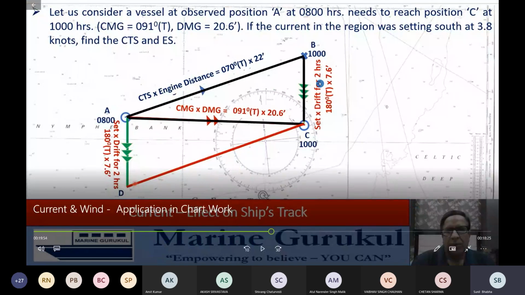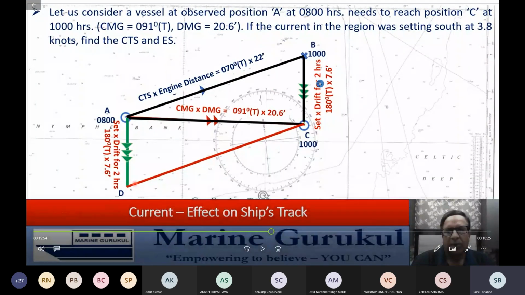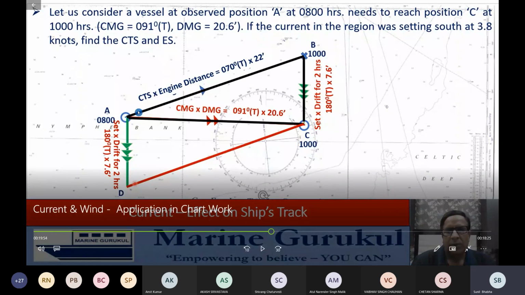Okay, so this is what we had done yesterday, beta. We had done up to here. So the upper triangle which you see, the black color triangle, is the one where course steered is given to us. AB is the course steered vector and B to C is the current vector. They are represented by their proper symbols. Course steered is represented by a single arrow.